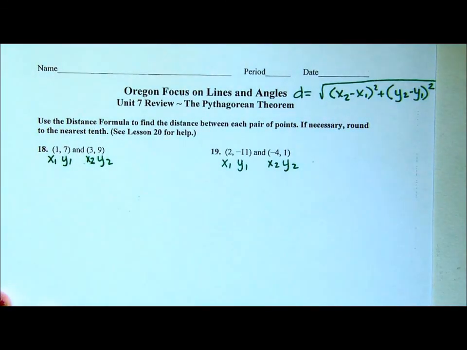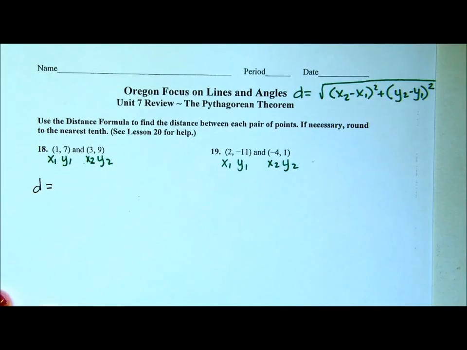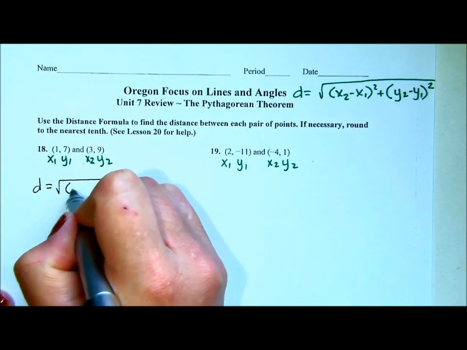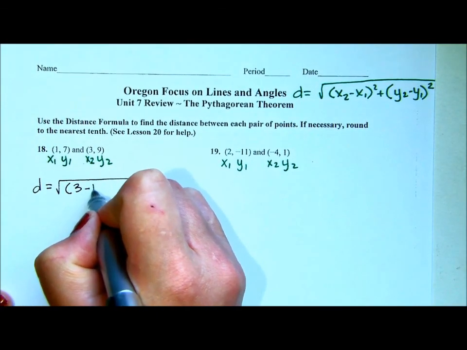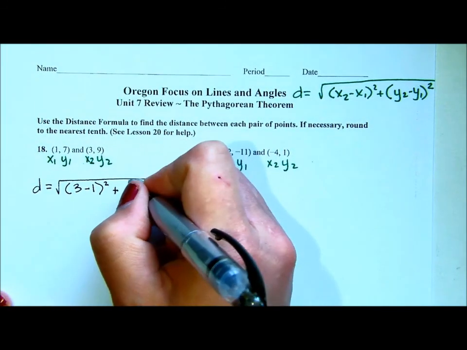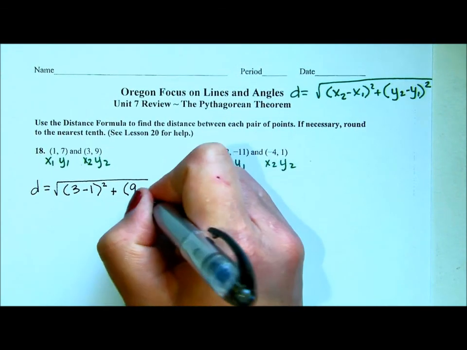For 18, I have 1, 7, and 3, 9. So, x2 is 3. x1 is 1. So, 3 minus 1 squared. Now, plus y2, which is 9, minus y1, which is 7. So, 9 minus 7 squared.